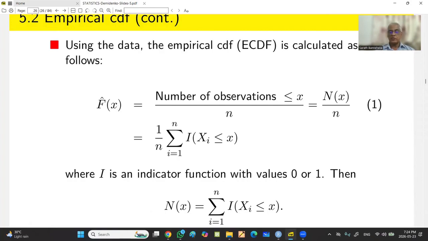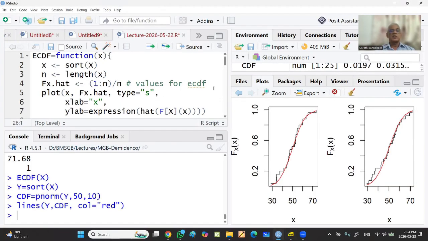So just to understand this further, let's look at this illustration here. I have changed the previous function given in the book slightly. I want to be able to draw the empirical cumulative distribution function when I give the data set. So I write it as a function of x, where x will be the data set. So first I will sort the data x.